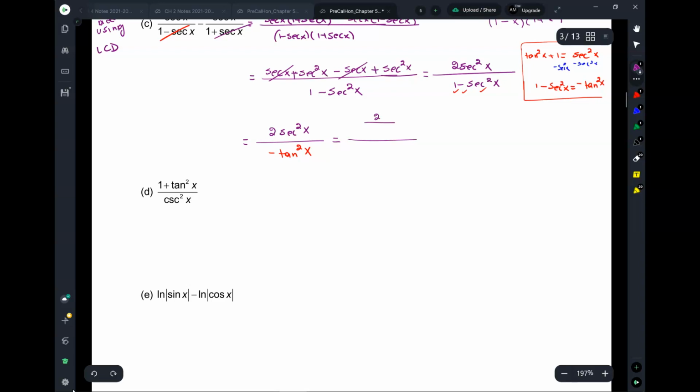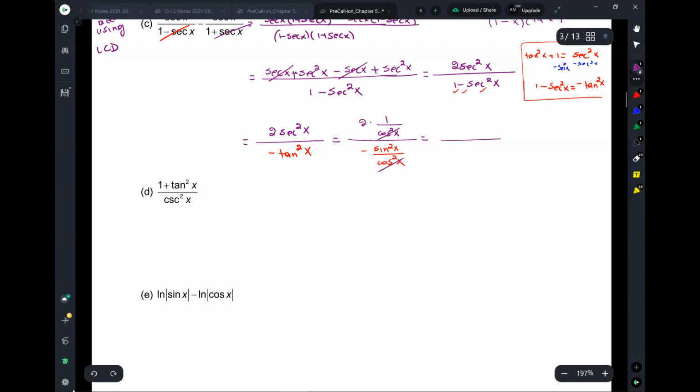So this is 2 times 1 over cosine squared x. And what's tangent? Negative sine squared x over cosine squared x. What happens now? Oh, remember, same denominator, top and bottom, they cancel.